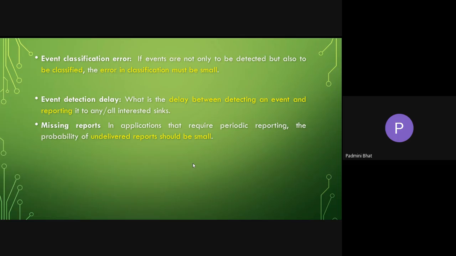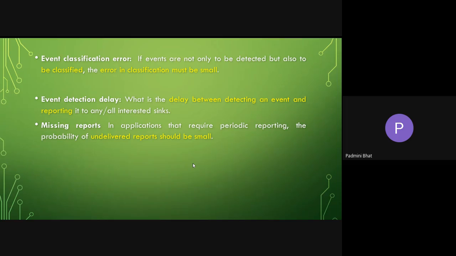If you are finding the rainfall once every 24 hours, and you tell me that since yesterday there was a 10-second delay, it is not going to affect much. That is acceptable. Depending on the application, we have to prioritize our optimizing features.